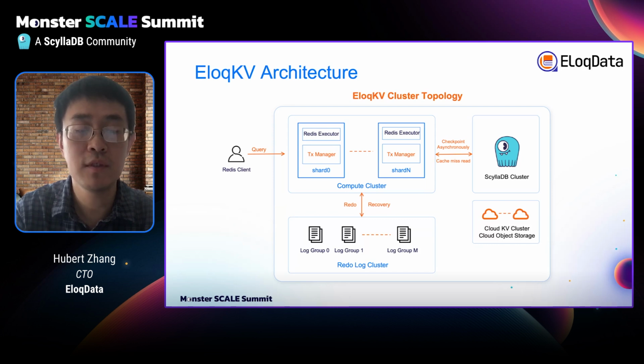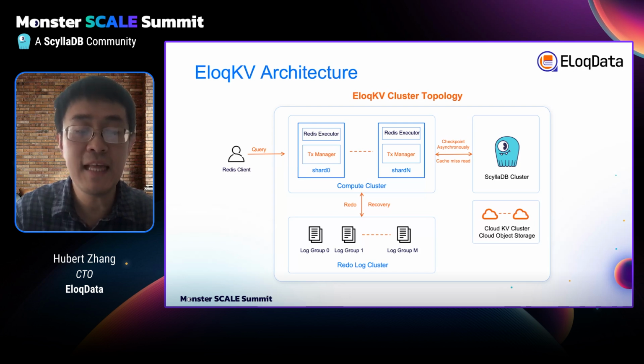The right component is the storage cluster. EloqKV stores data in a separate storage engine. Here we leverage a ScyllaDB cluster. You know, ScyllaDB is high performance, scalable, and low latency.